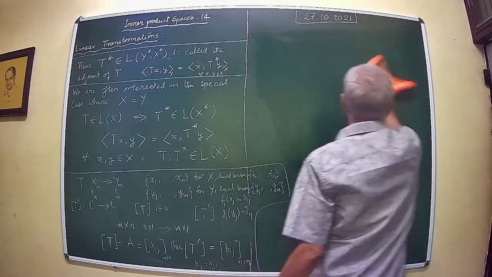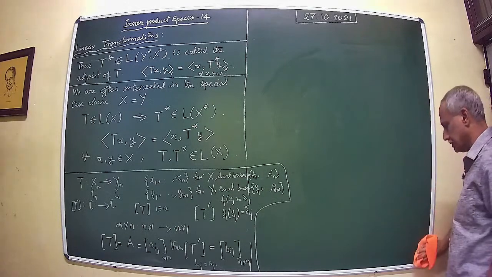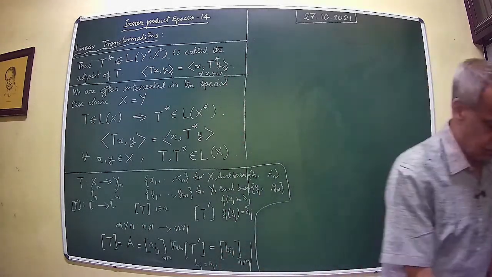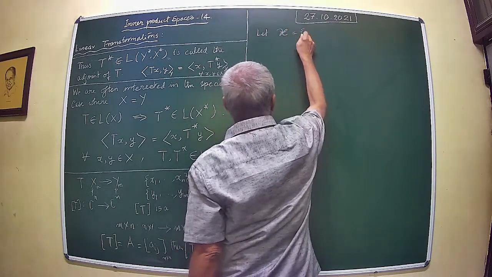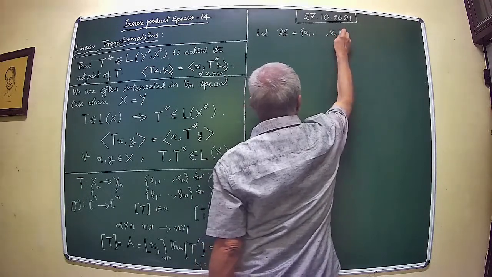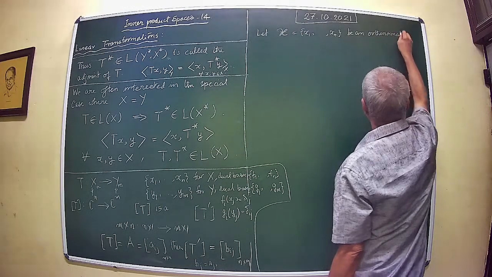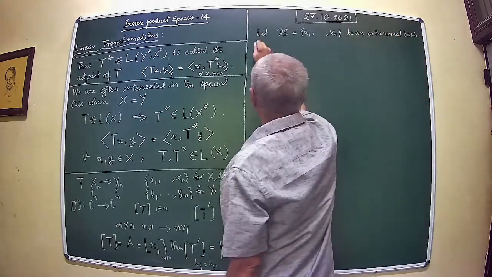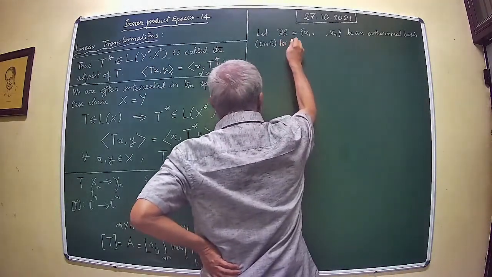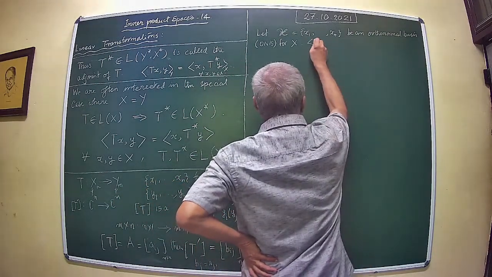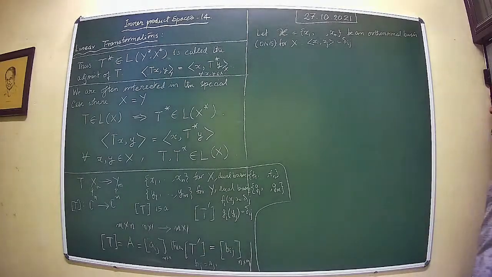First of all, you know that there exists an orthonormal basis for both x and y. And orthonormal for x, by which you mean x1, ..., xn, such a basis, orthonormal basis exists.